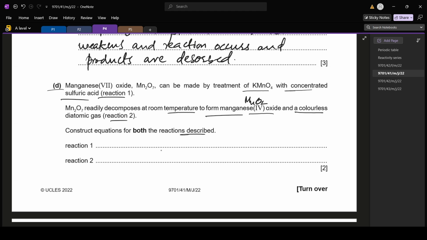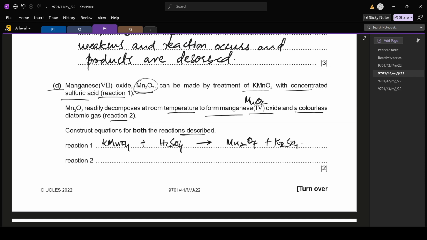So for the first reaction, Mn2O7 is formed when KMnO4, potassium manganate(VII), reacts with concentrated sulfuric acid. Okay, so this forms manganese(VII) oxide, plus it will form sulfate ions, and the potassium ions will react to form potassium sulfate.